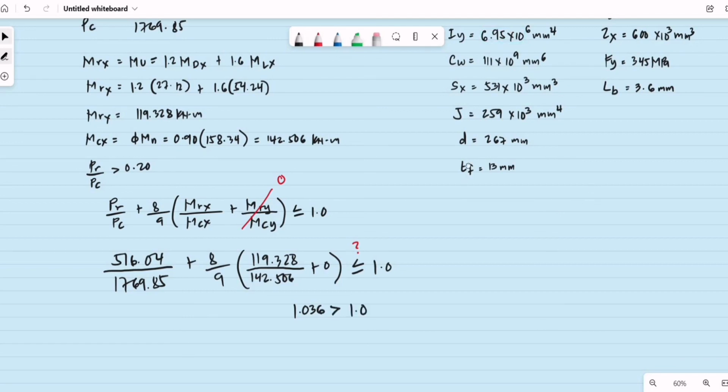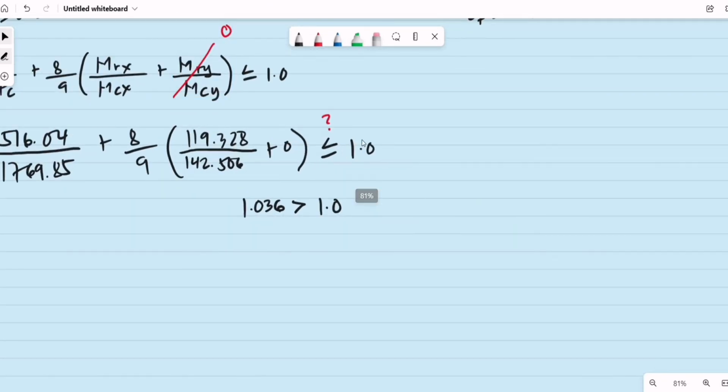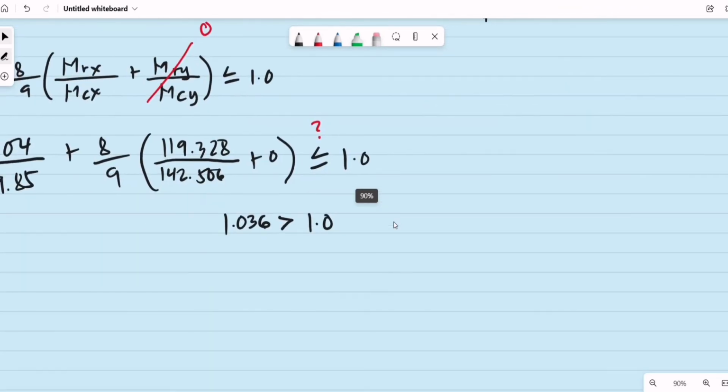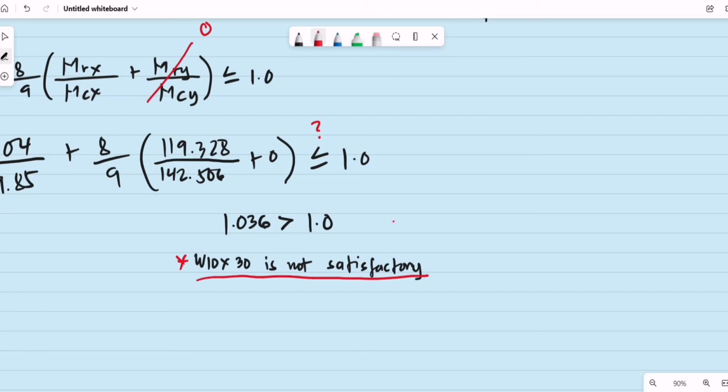So for our conclusion, we are to check if the W10 by 30 is satisfactory to carry the given combined loadings. We conclude that W10 by 30 is not satisfactory to carry the given loads.